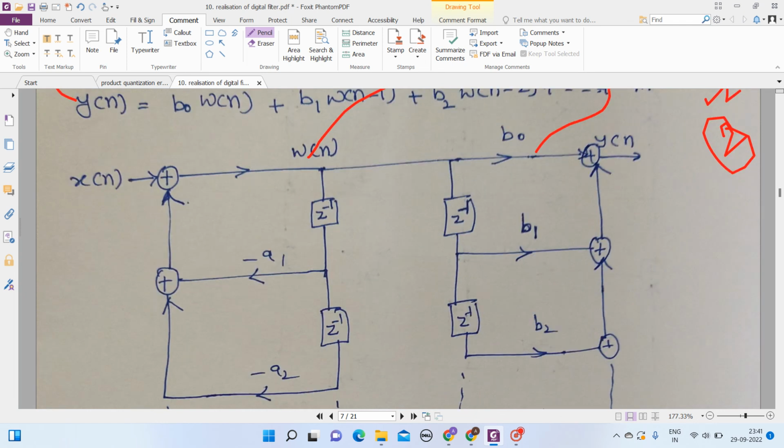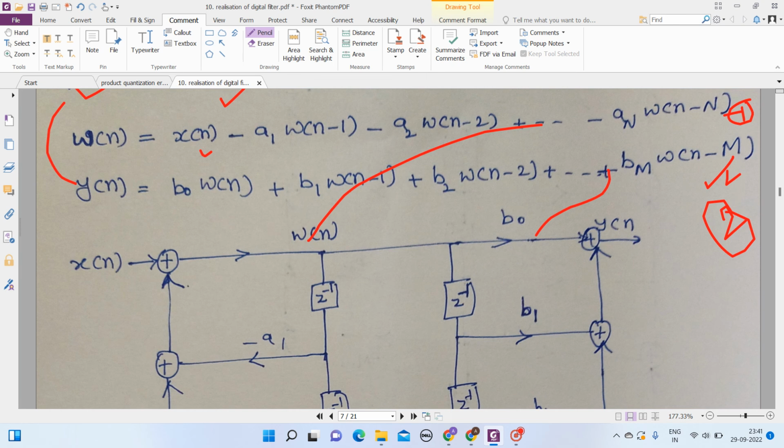For this structure, w of n is the output, and x of n and w of n minus 1 and so on are the inputs. See here, x of n is my first term, so I have to add it with a subscript 1 w of n minus 1.